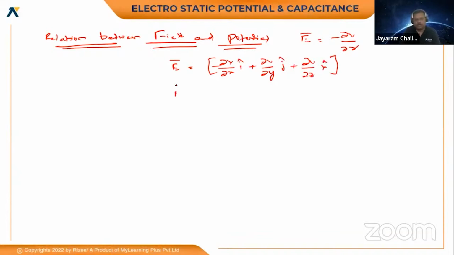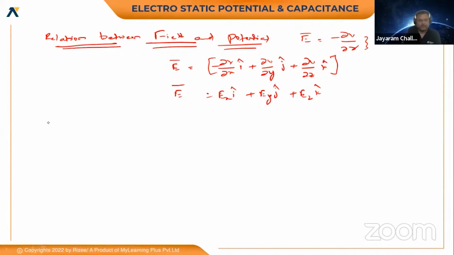Or this can also be expressed as E bar is equal to Ex i cap plus Ey j cap plus Ez k cap. The relation of any physical quantity with the distance is called the gradient. So dou V by dou r is the potential gradient.